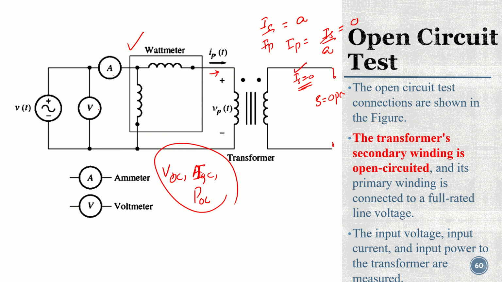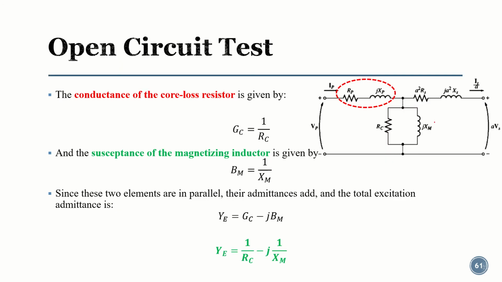So the secondary side current is 0 because of open circuit, and the primary side current is 0 because of open circuit. So where is the whole current going? The whole current is basically going to the excitation branch in this scenario. Okay, because this is 0, this is 0, now the whole current will be going to the excitation branch.